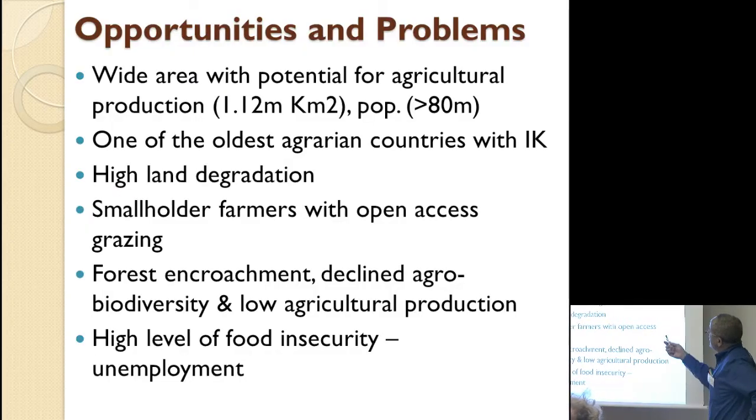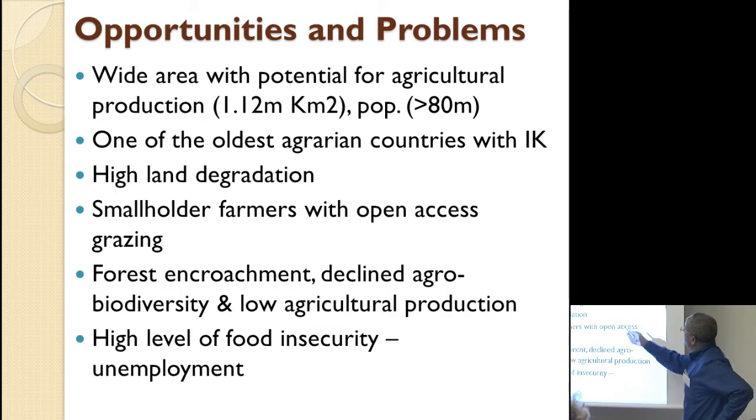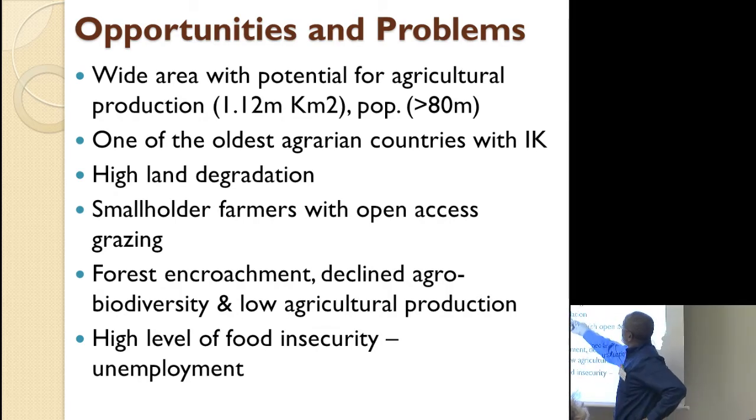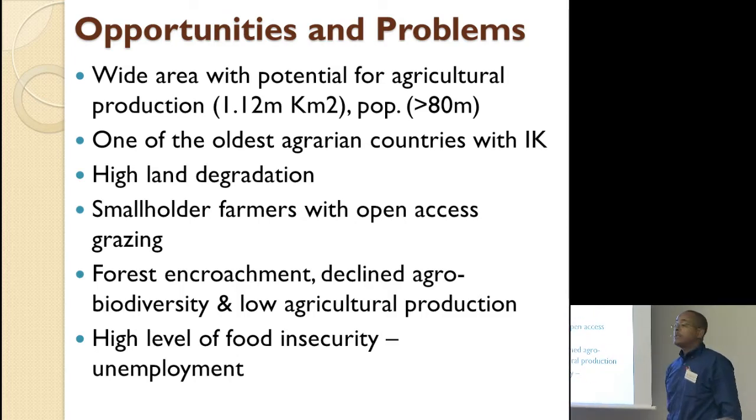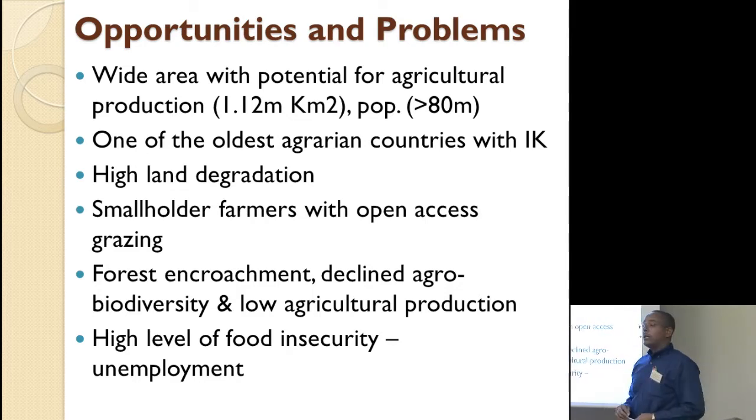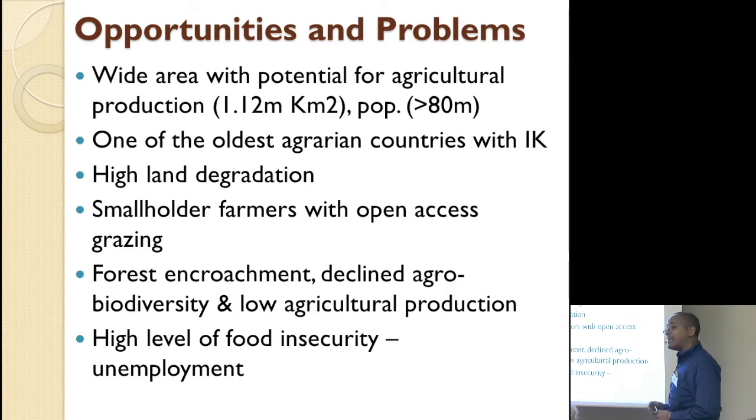Then the situation here is we have a big landscape, one of the oldest farming countries in the world, because the history of Ethiopia is the history of farming practice, highly historical with the Nile basin, the Blue Nile River that starts from Ethiopia, and its agricultural system is at least 7,000 years of farming practice.